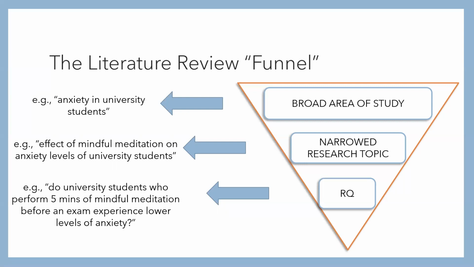So to do a literature review on this topic and prepare readers for my research question, I'd first start with the broad topic of anxiety in university students, then narrow my focus to any existing research that includes the other key concept within my question, which is mindful meditation, and then finally end with any research that in particular includes student use of mindful meditation right before an exam and has some operationalization of anxiety as the dependent variable, just like my study will.